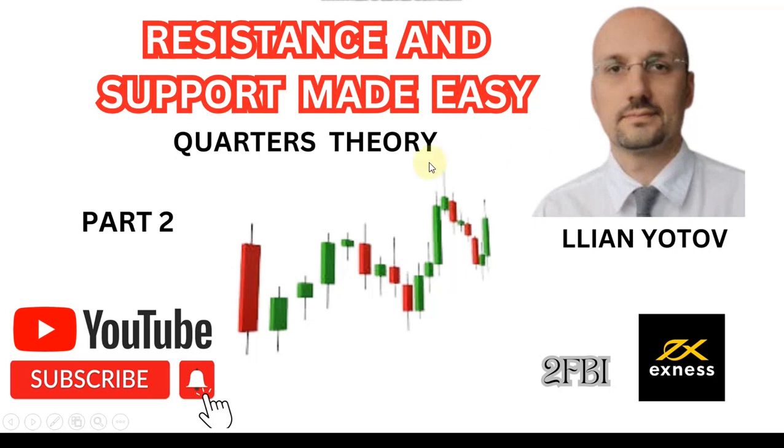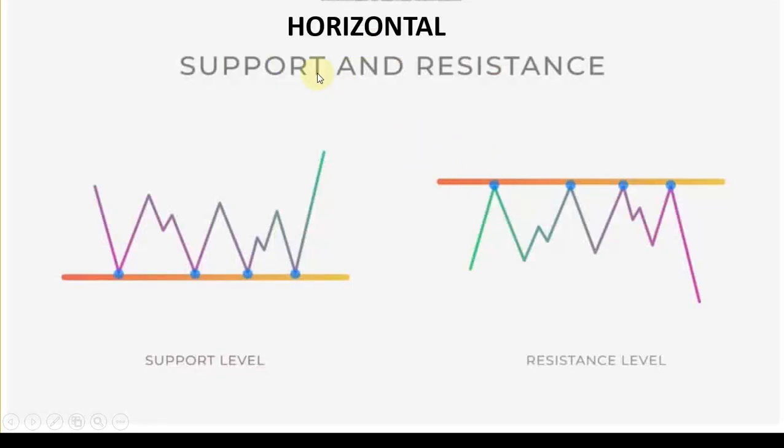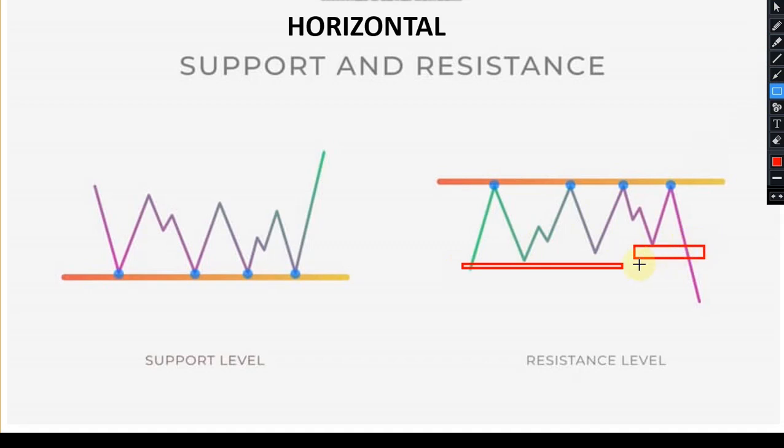In part 1, we were able to cover something like this, which is the horizontal support and resistance zone that we are more likely familiar with. All of us know too well that this is what we are always familiar with. I'm not here to waste much time.